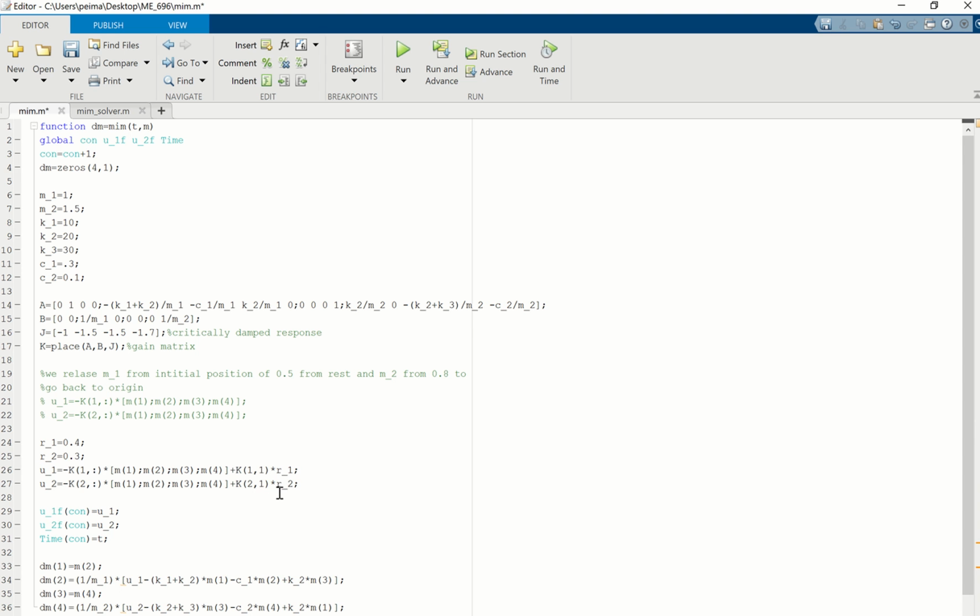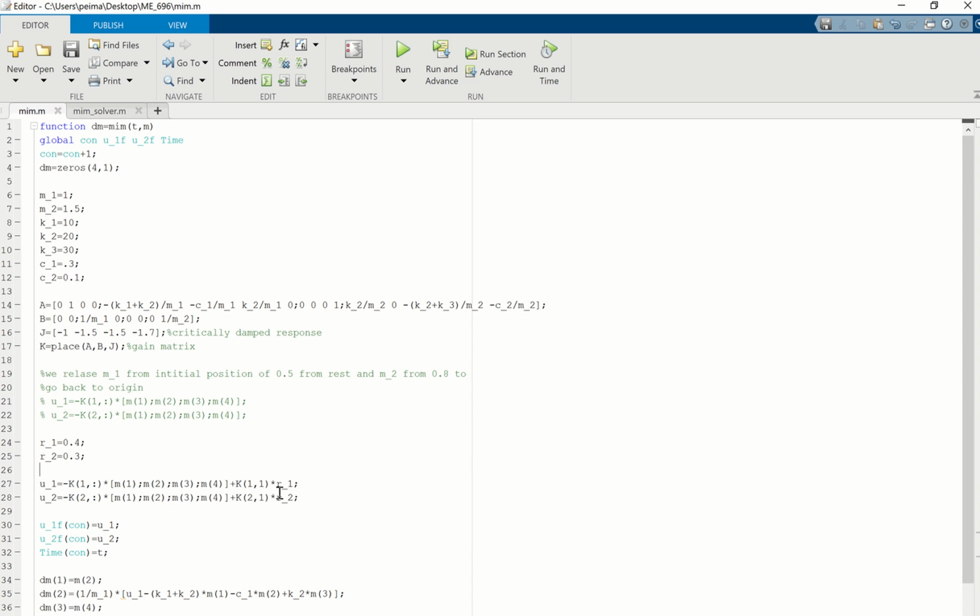Now I modified my control input to follow a non-zero reference.